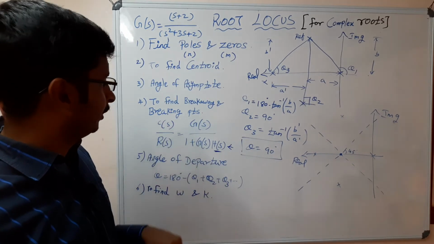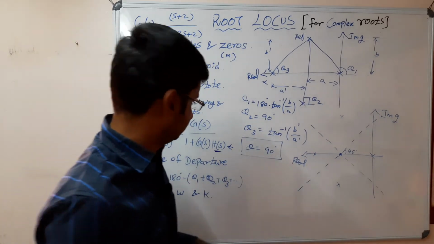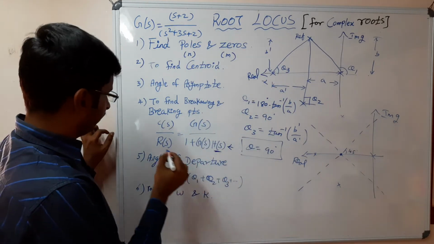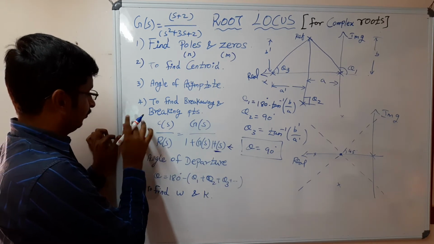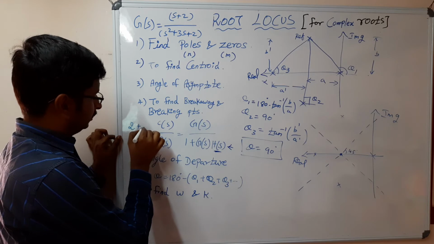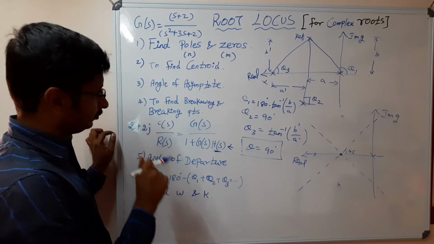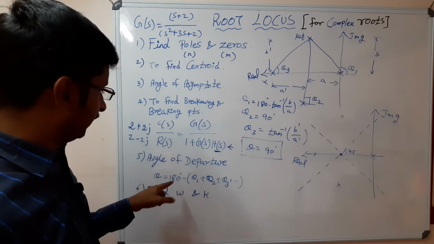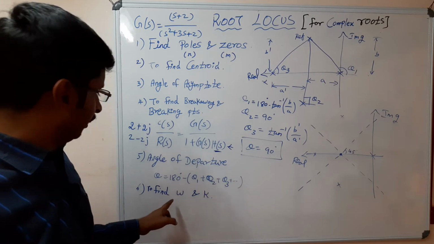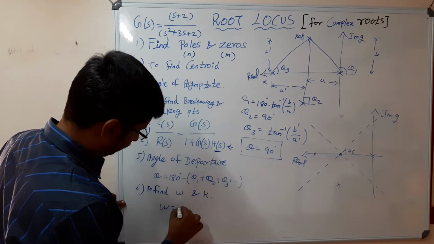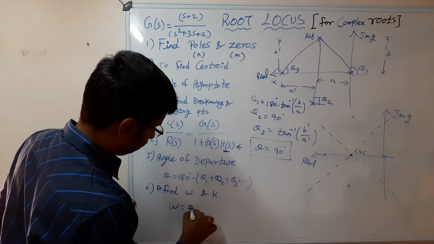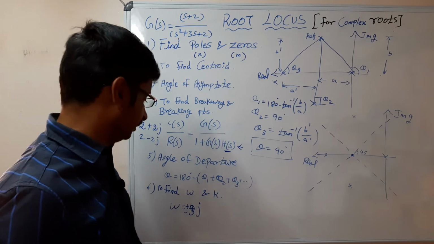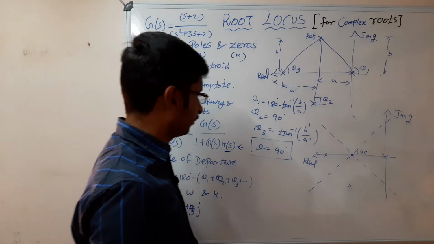And for the breakaway and breaking point, let me assume my breakaway point as 2 plus 2j and 2 minus 2j, and angle of departure as 90 degree. Omega value as 4j or 3j, let me assume plus or minus 3j as your crossing point on your imaginary axis.